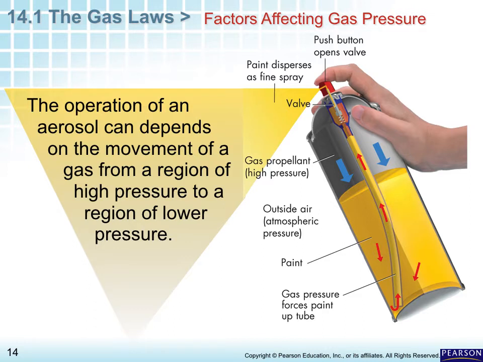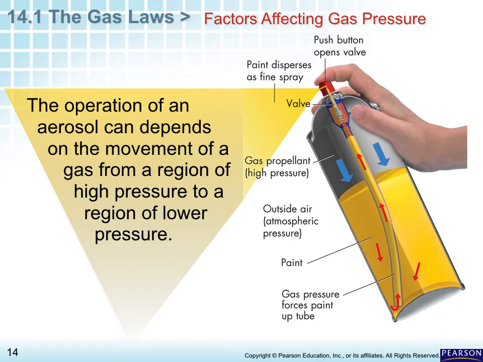Aerosol cans are used for many things. You can use them for spray paint, for glass cleaner, for deodorant, or whatever. But the way it works is simple. You have a pressurized gas inside with a propellant. Usually that propellant, as a lot of people know, is flammable. So the gas propellant could be propane, or some other gas, which is under high pressure.